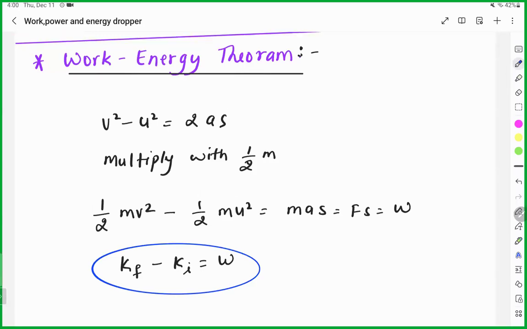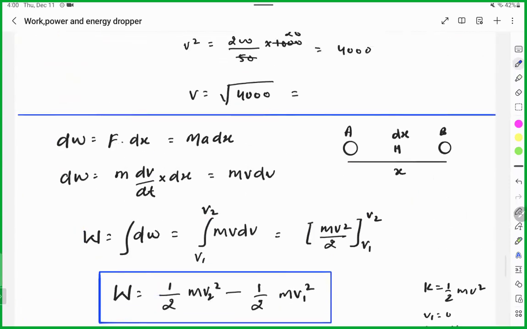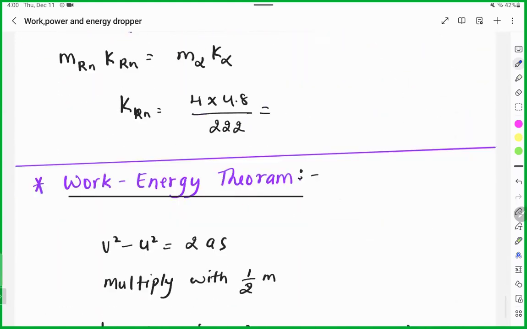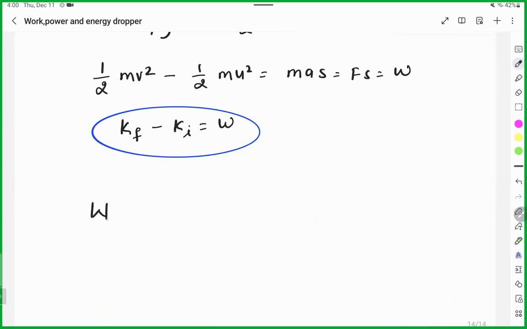Any doubt? You can also do the same stuff using this part. This is the same thing. V2 is the final kinetic energy, V1 is the initial kinetic energy. Right? Here, everything is same when you calculate the work energy theorem. We calculated work is equal to half mv square from initial to final value.